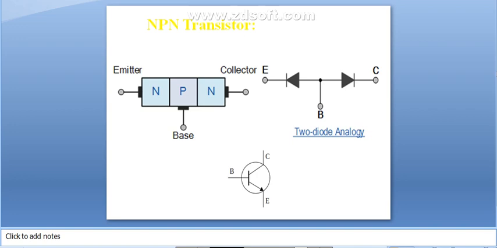There are 2 diodes here, connected back to back: the emitter base junction and the collector base junction. So a transistor is nothing but 2 diodes connected back to back.